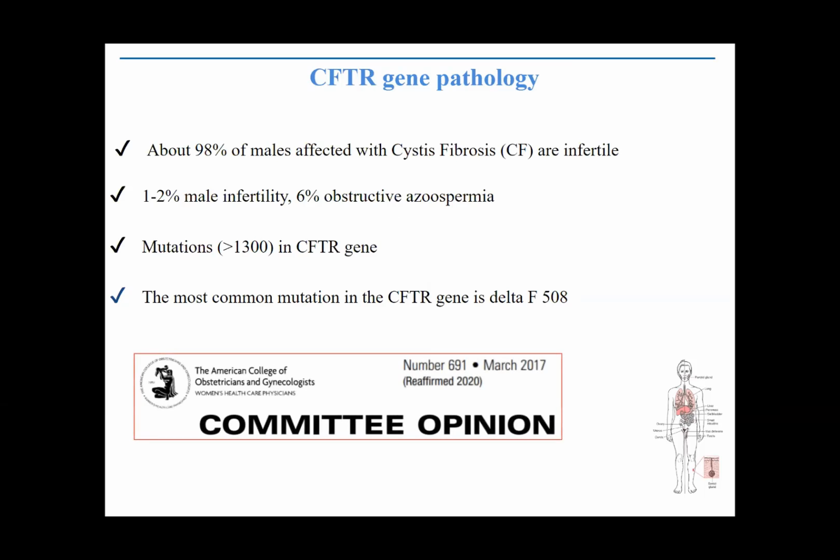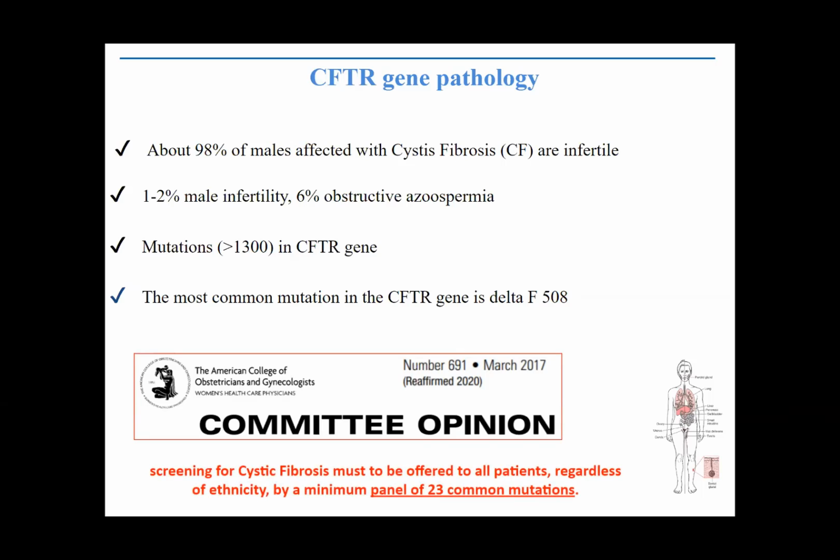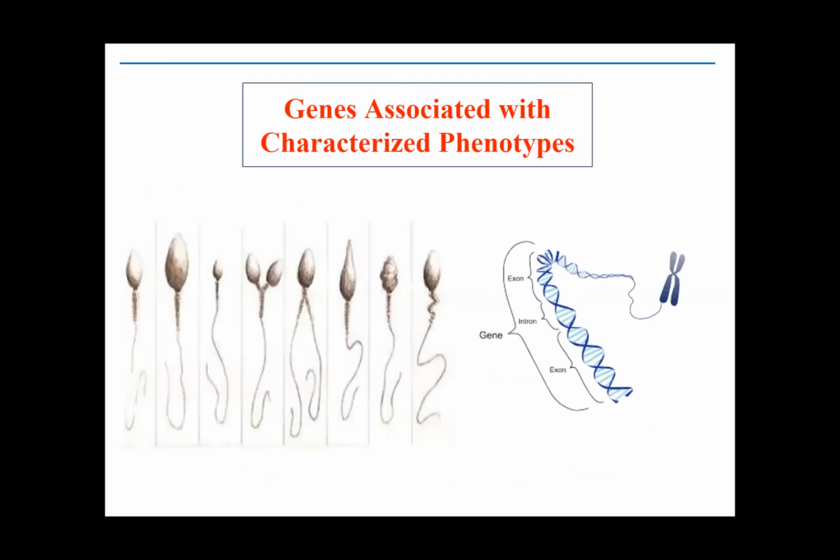The American College of Obstetricians and Gynecologists recommends that screening for cystic fibrosis must be offered to all patients regardless of ethnicity, by a minimum of 23 common recurrent mutations in the CFTR gene.